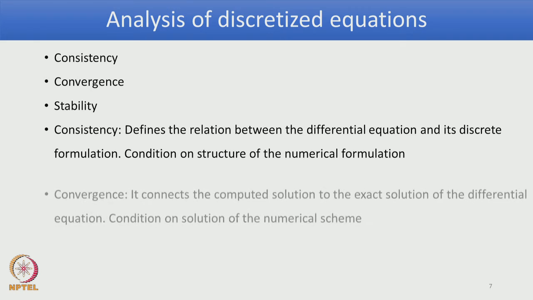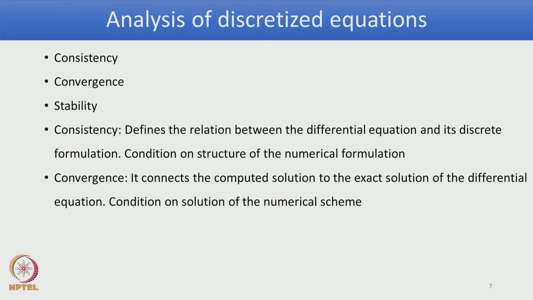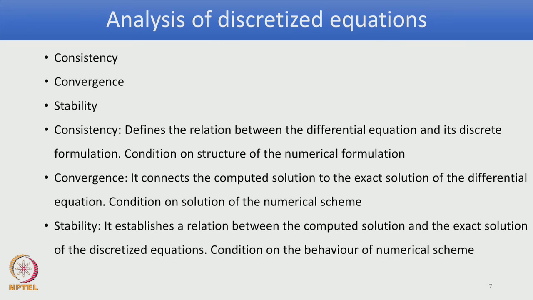Second aspect is convergence, which connects the computed solution to the exact solution of the differential equation. So, what scheme you are using and how it is convergent, that information is obtained or analyzed by the property or aspect called convergence. Third one is stability.